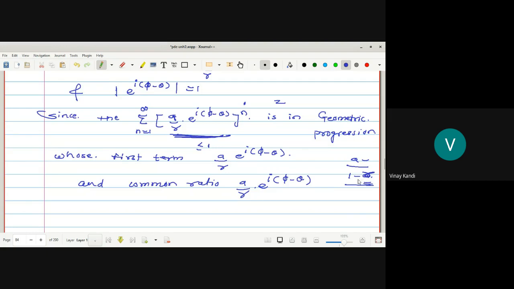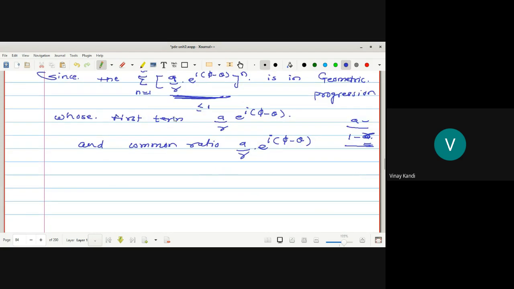So similarly, this series converges to summation a divided by r e raised to I phi minus theta, bracket raised to n and running from 1 to infinity, is equal to first term, a divided by r e raised to I phi minus theta, divided by 1 minus common ratio. Common ratio कोणता आहे हा.